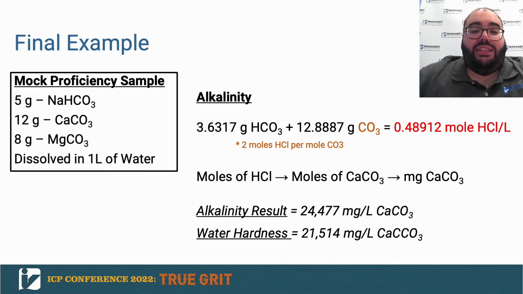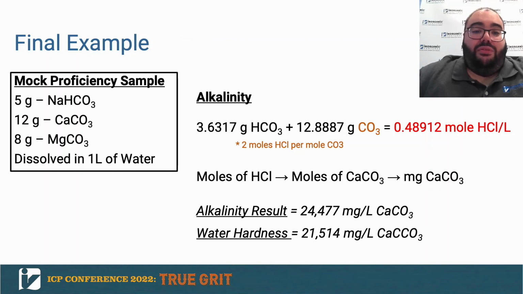And again, from the last slide, our expected water hardness result should be about 21,514 milligrams per liter of calcium carbonate. So you do see a little bit of a difference. In this case, would alkalinity and water hardness be the same? That is not the case. That would not be true for this mock proficiency sample.